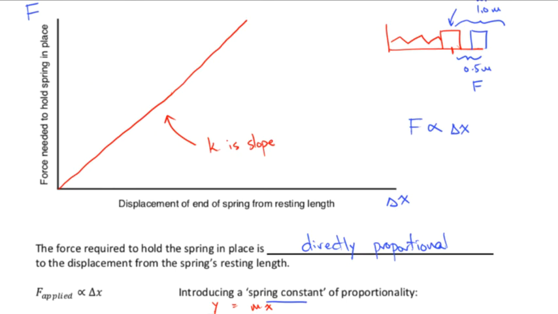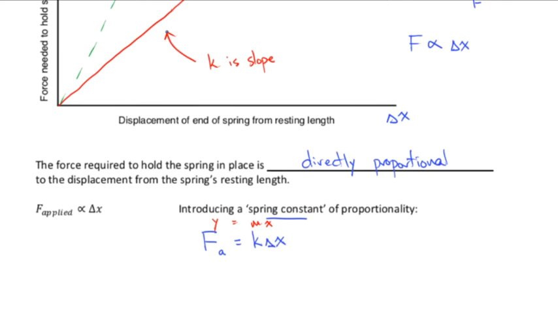If the graph were steeper, like this, it would have a greater value of k, and that would mean that it requires more force to hold it at any given displacement from resting length. This would be a stiffer spring, and one with a greater value of k, greater value of the spring constant. And similarly, if we had a less steep slope, it would be a less stiff spring.